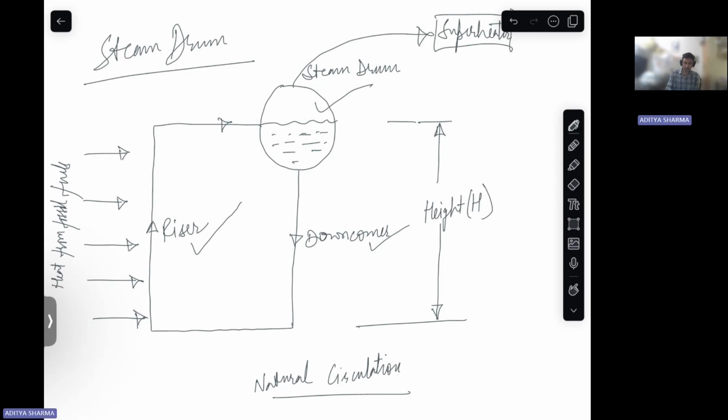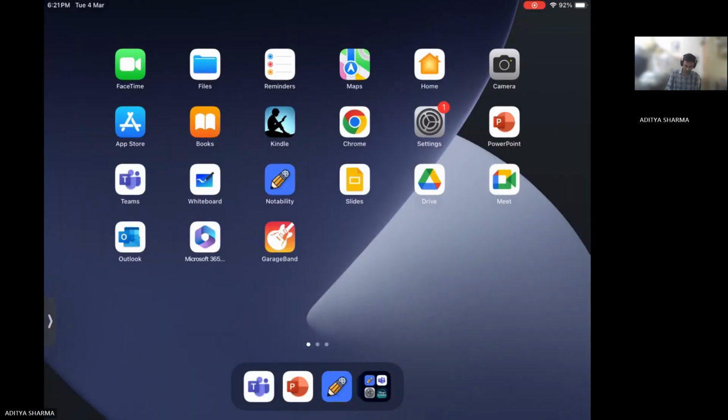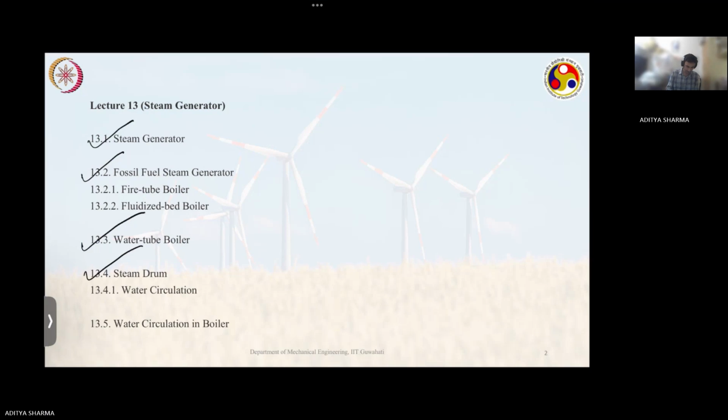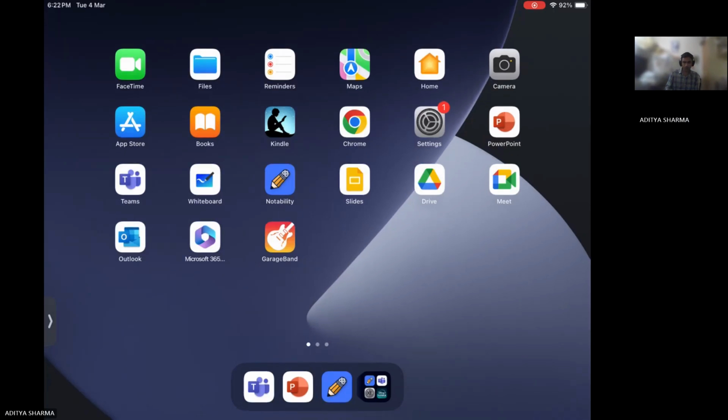So this pressure difference in the downcomer column and the riser column, this only gives rise to the circulation in this type of natural circulation. Okay, all right. So this is your steam drum.